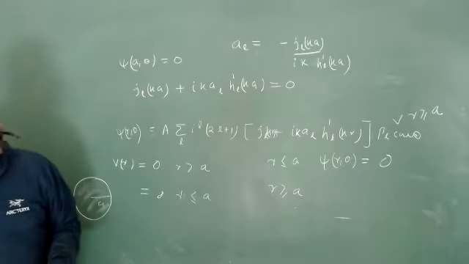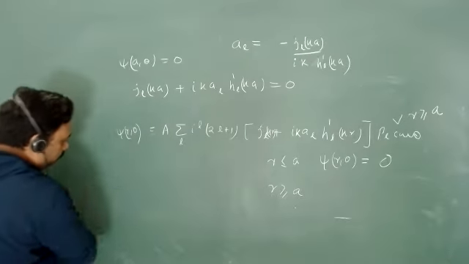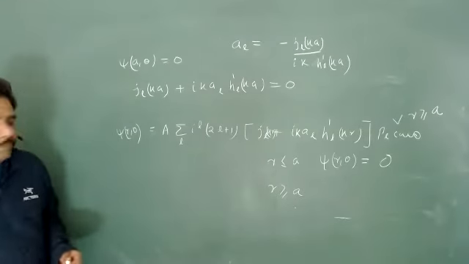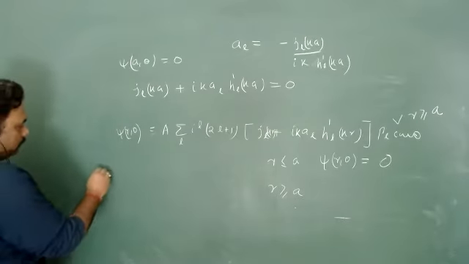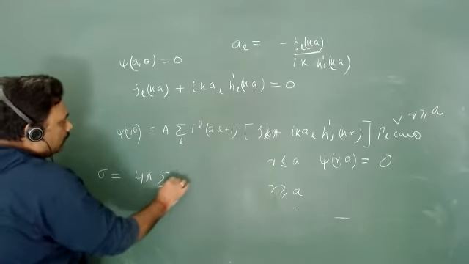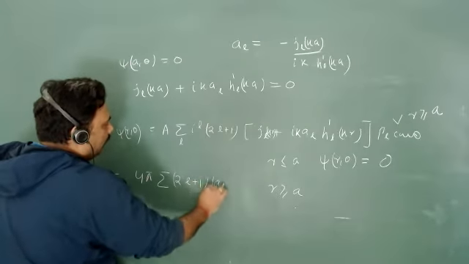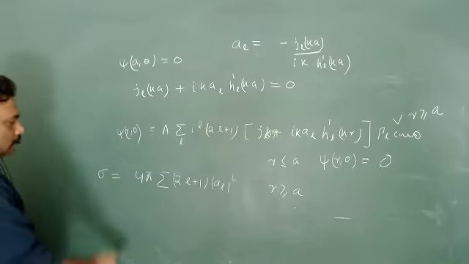So what will be my total scattering cross section? What will be my total scattering cross section? So sigma is equal to 4 pi summation over (2L plus 1) mod A_L square.